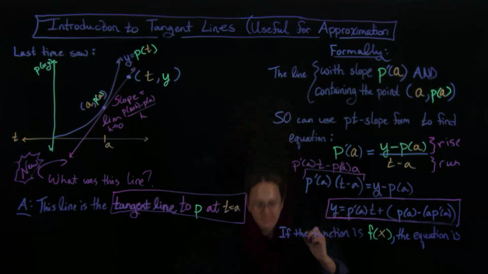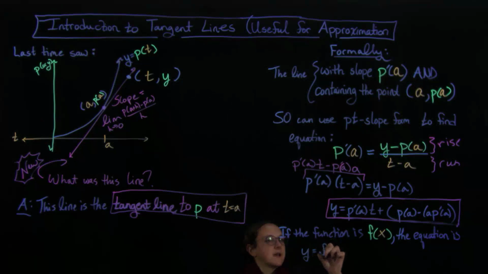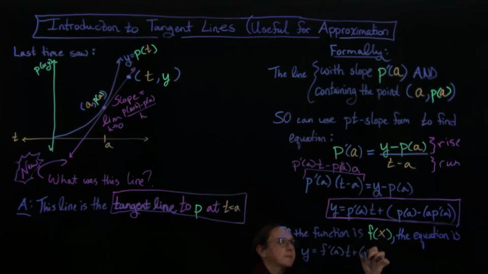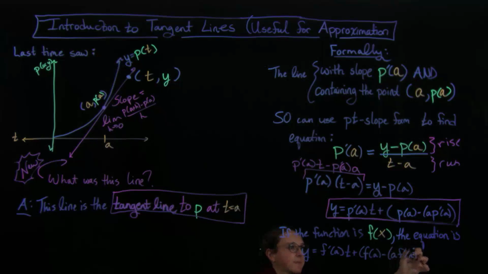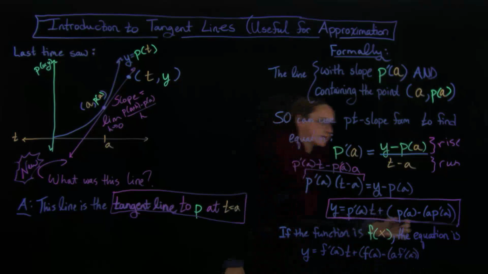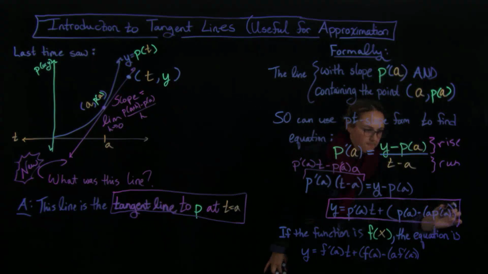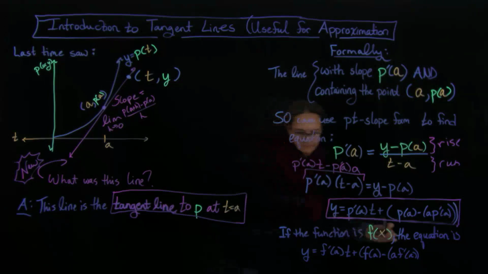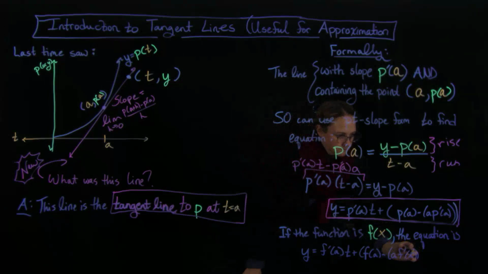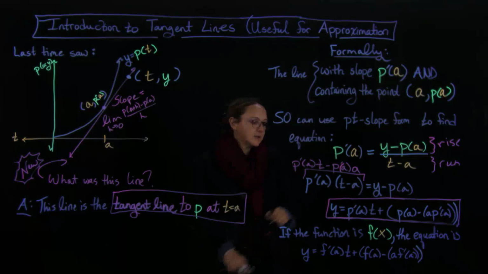So here I'm going to get that the equation is y equals f prime of a times t plus f of a minus a times f prime of a. Okay. Did I close all my parentheses? No. I have one more to close. Oh, I might not have closed all my parentheses here either. There we go. Okay. 1, 2, 3. Okay, so this is the equation that we get.